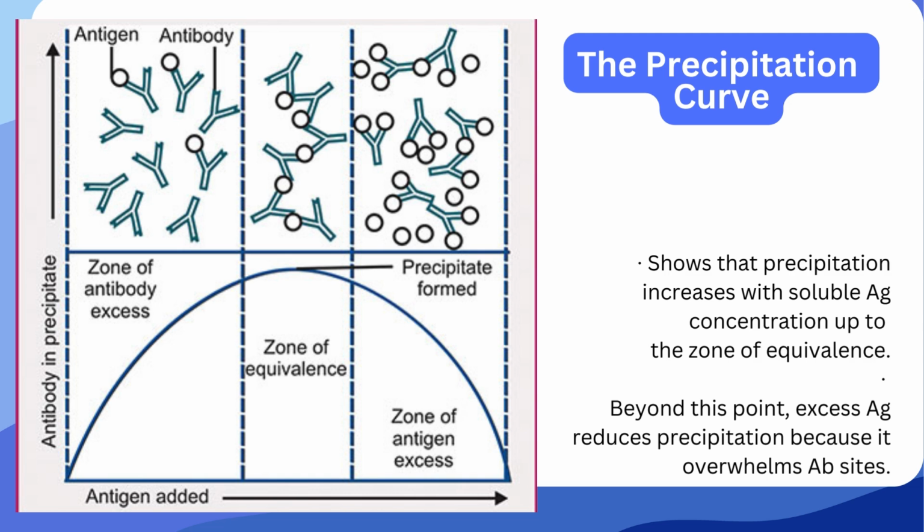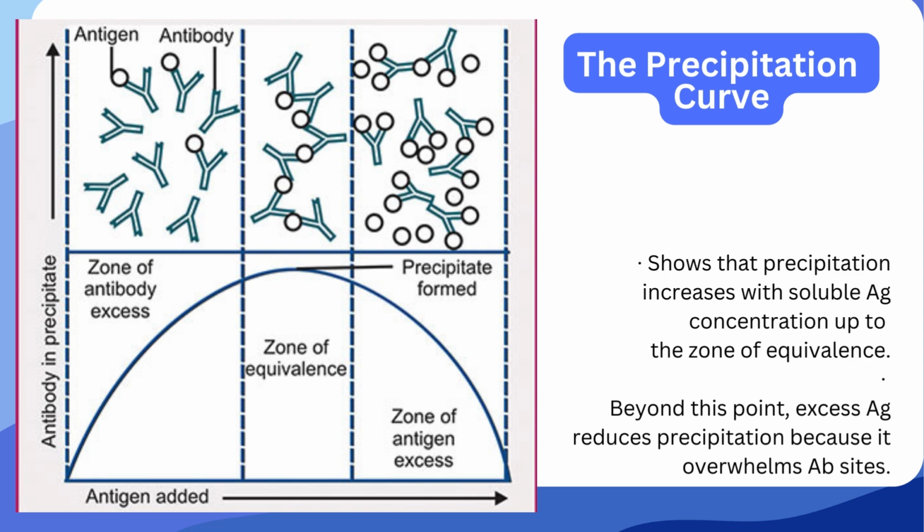So here, the precipitation curve is used to describe precipitation reactions in a graphic representation that happens when the concentration of one reactant is constant while the other one is increasing.